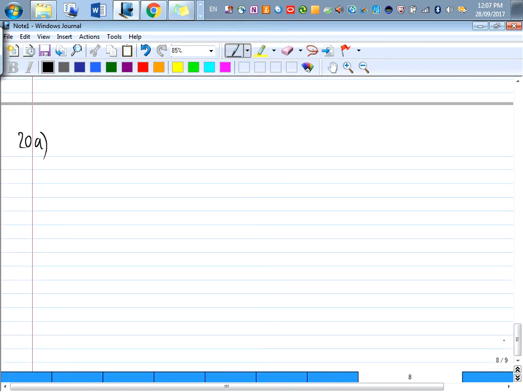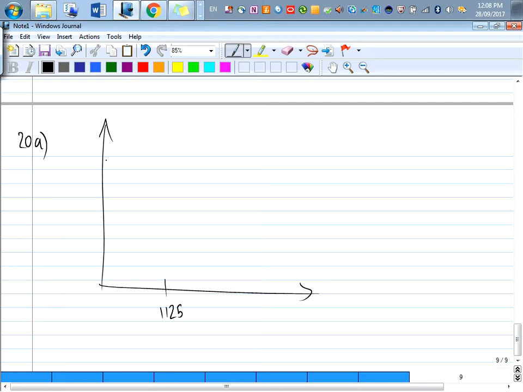Because in question C, the yellow bus leaves the town for the village. So it is in the opposite direction. So your straight line should have started from the coordinate 11, 25. From the top. And 25 over here. This is our first coordinate.